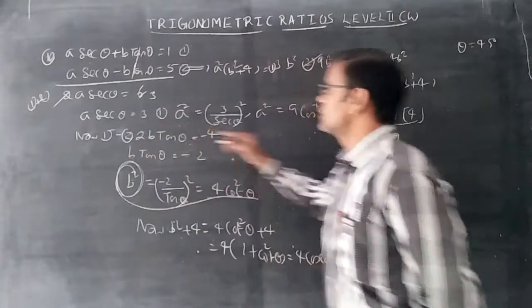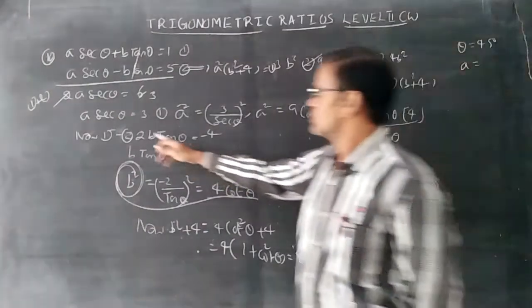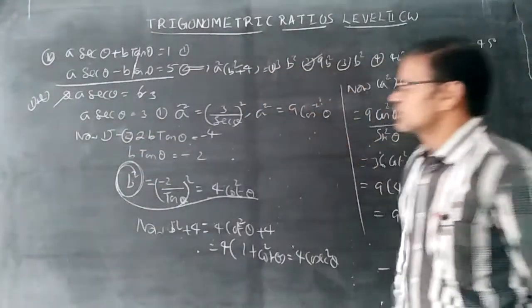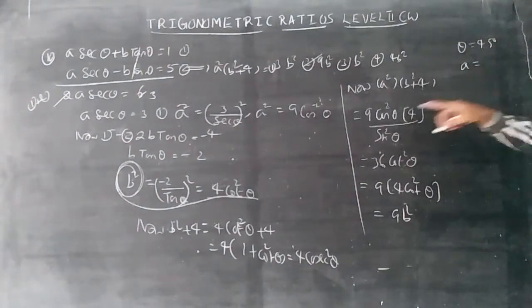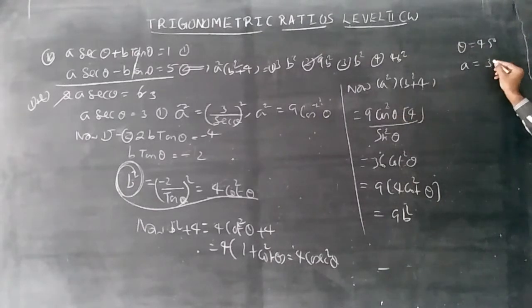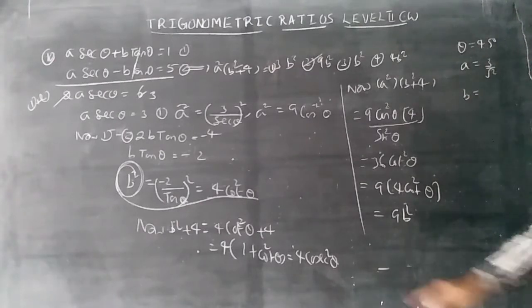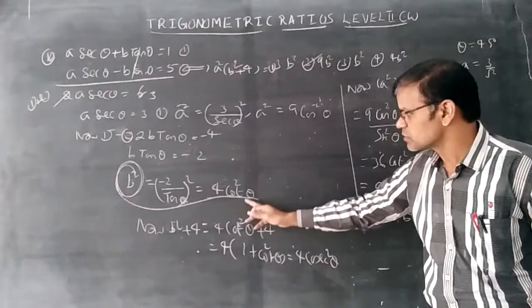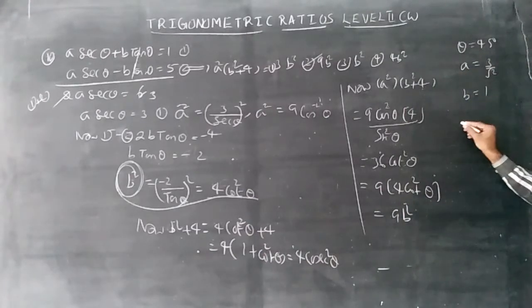So A into secant 45 value, how much? Root 2. So A root 2 equal to 3 means A is equal to 3 by root 2. B, simply directly you can substitute. Cot 45 value is 1. So B is equal to 1.